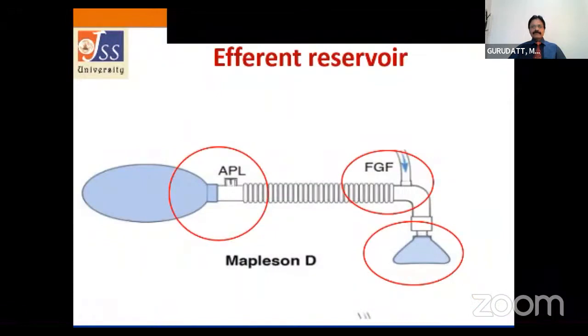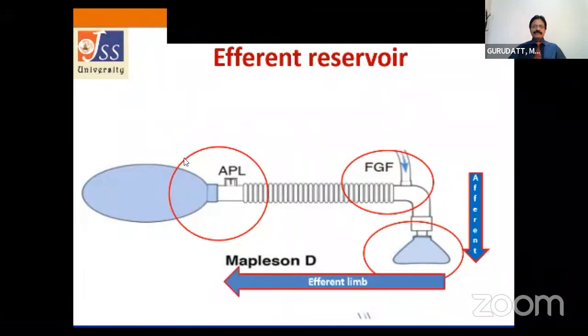Now coming to the efferent reservoir system. Mapleson D is an example for efferent reservoir, because, again, the afferent limb is from the fresh gas flow to the patient, and here it is very short, and the breathing bag has not been connected here. Whereas the efferent limb is from the patient to the expiratory valve.